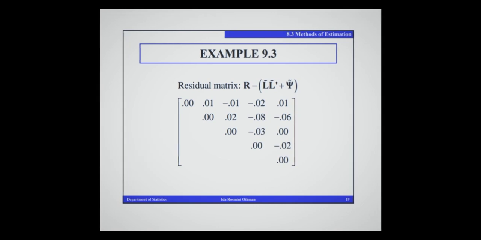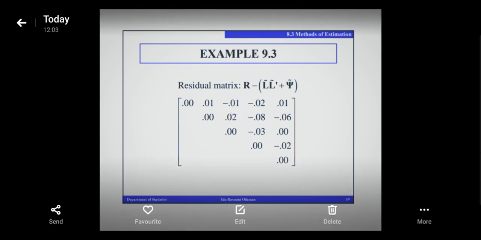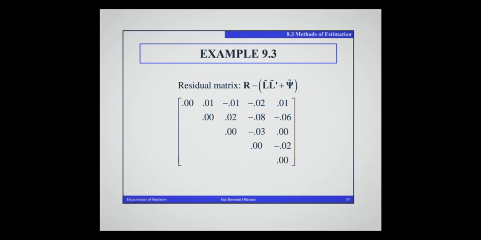Okay, bila you multiply, this residual matrix, kenapa kat sini R? Sebabnya kita gunakan correlation tadi kan. So it will produce this residual matrix. If you can see here, all the value of the residual, okay, yang kita dapat adalah small. So we can say that it provides a good fit to the data.